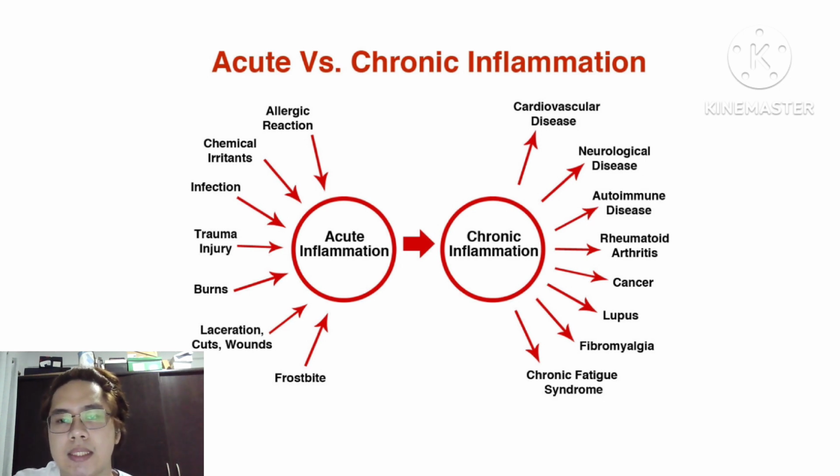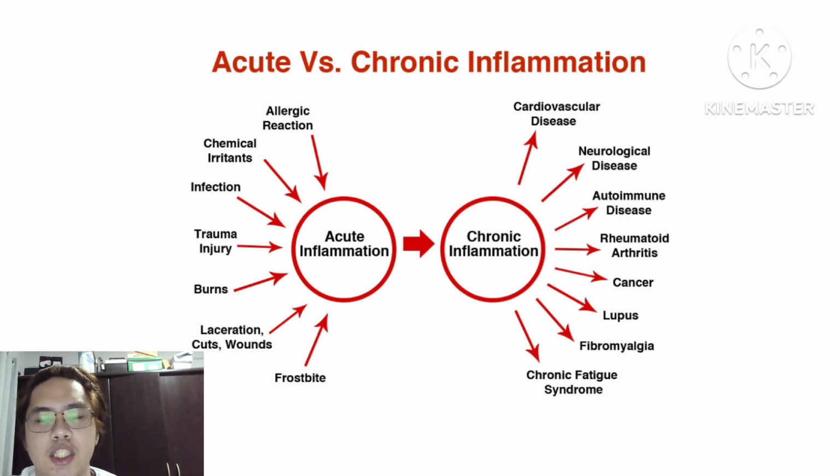As we can see, these two types of inflammation have differences. Acute inflammation is like the shallow part of the inflammation's effect on the body, and it is a short-term type of inflammation.